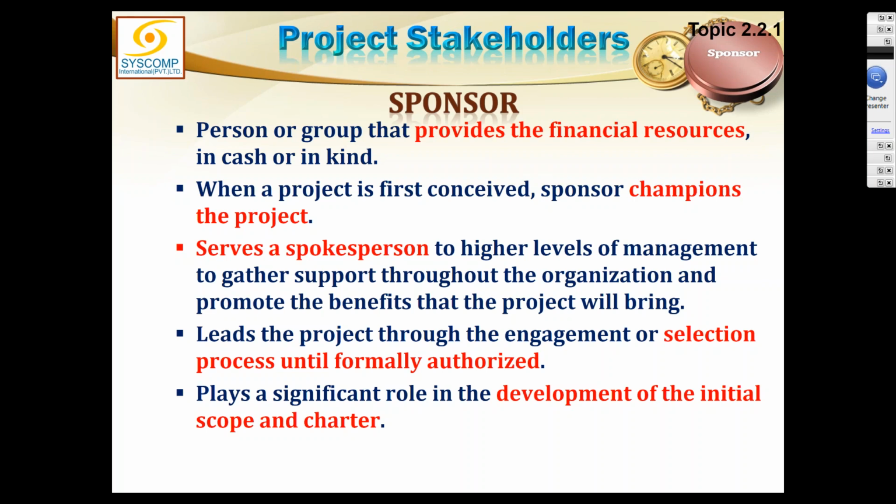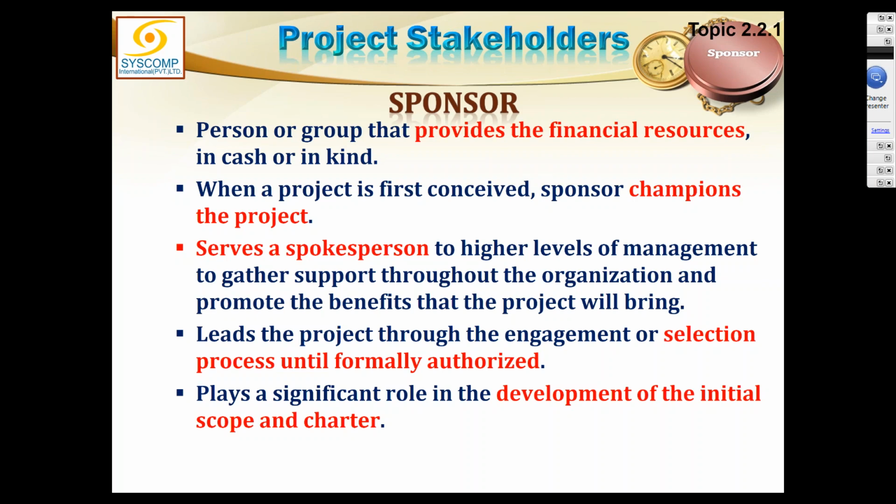But if project manager is made answerable to so many people, it might cause a lot of problem, and there would be a lot of pulling here and there. Therefore, from project management point of view, we make a single person solely responsible for the project.